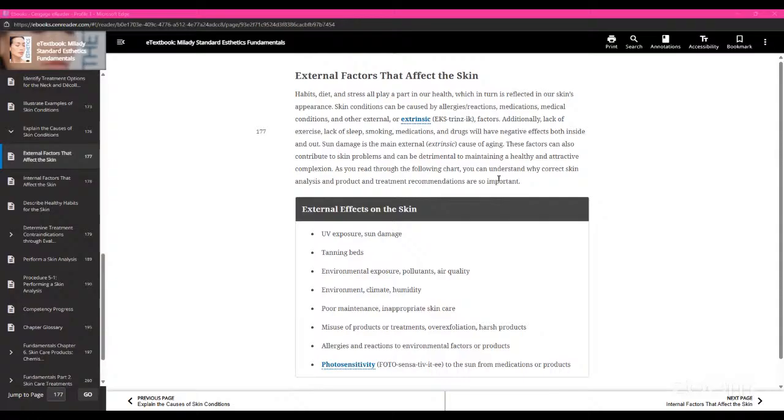Really pale people want to have some kind of color to their skin, whether it's orange or bronze. They want to have something to their skin, so it really increases a lot.